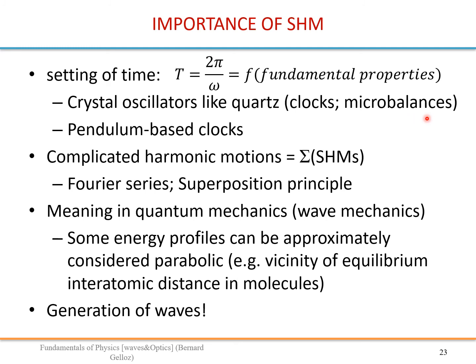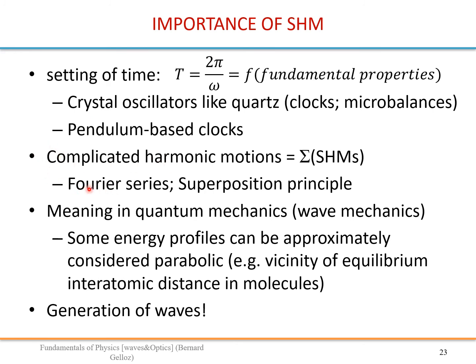When you deposit some material using chemical deposition or electrochemical deposition, you have to measure extremely small masses. So you can use some special crystal oscillators. When you deposit material, the mass will change a little bit, you can see a change in the frequency, and using this you can measure the mass deposited. Also pendulum-based clocks, the old kind.